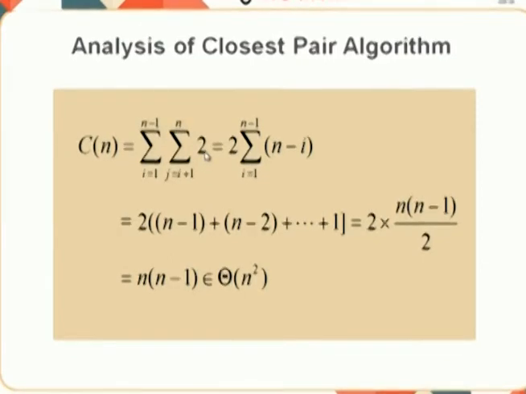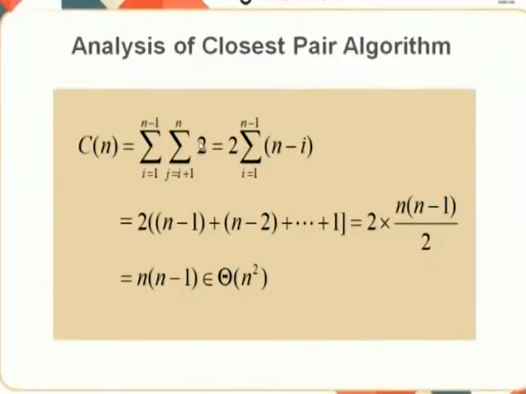Under that we have to put the basic comparisons. What is the basic comparison? The basic comparison in this case is the computation of the Euclidean formula. We are performing the minus and then we are performing the root. So, two operations are there.